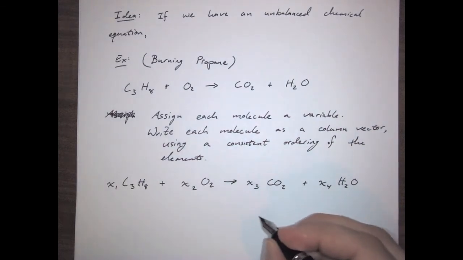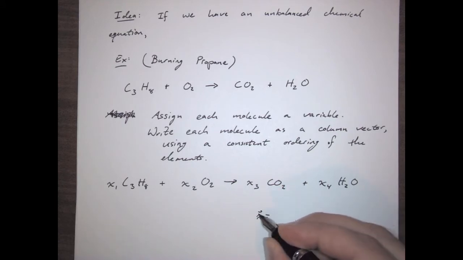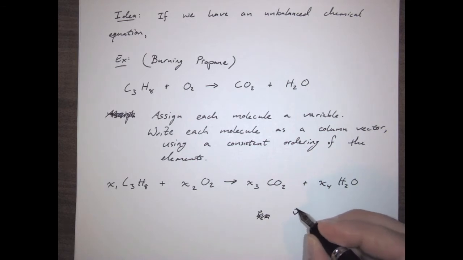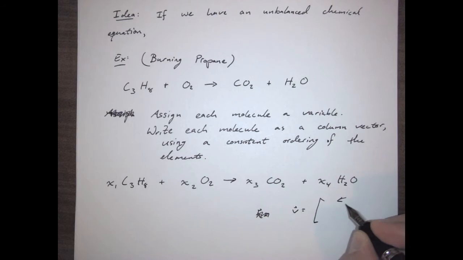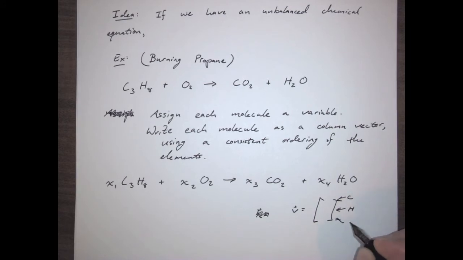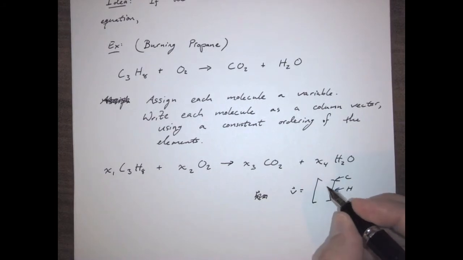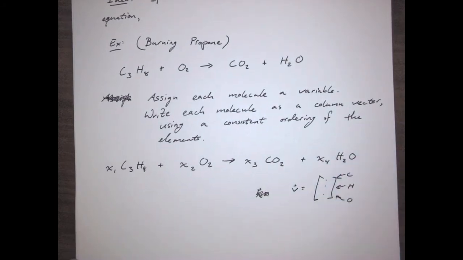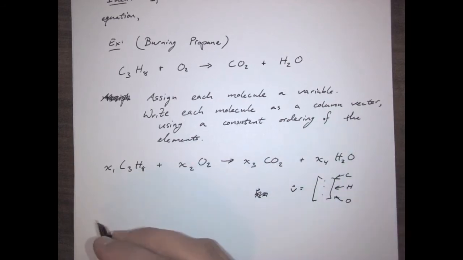So let's say our vectors v are going to be carbon followed by hydrogen followed by oxygen. It's good to just write this out somewhere so that you have it nice and clear in what happens next that this is going to be the layout: carbon, hydrogen, oxygen.